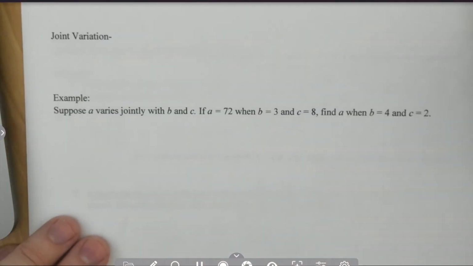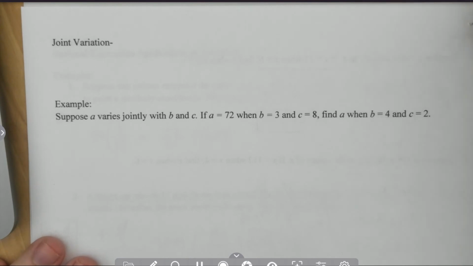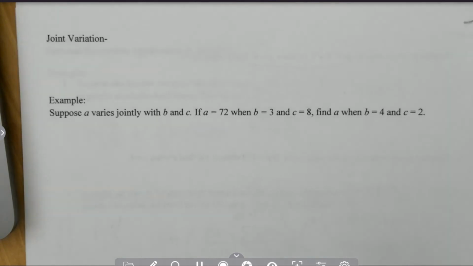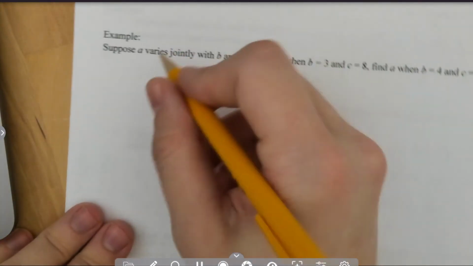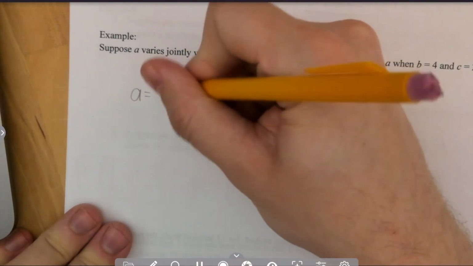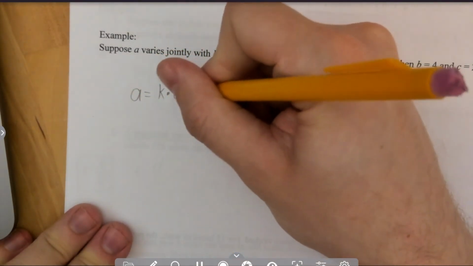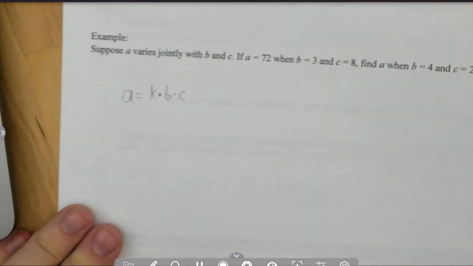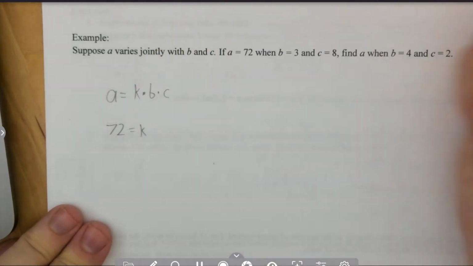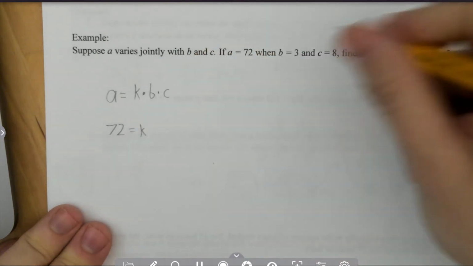I think we just have one more: joint variation. Joint variation just means that you have more than one direct variation. Let's see what that looks like. A varies jointly with B and C. It says A is 72 when B and C are 3 and 8.